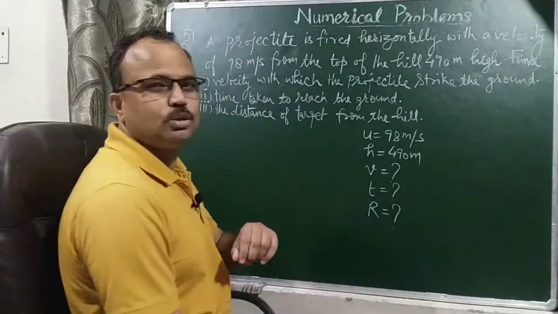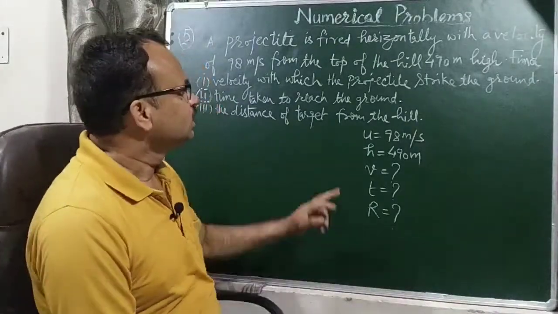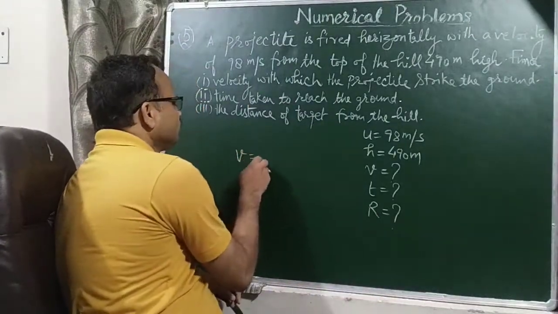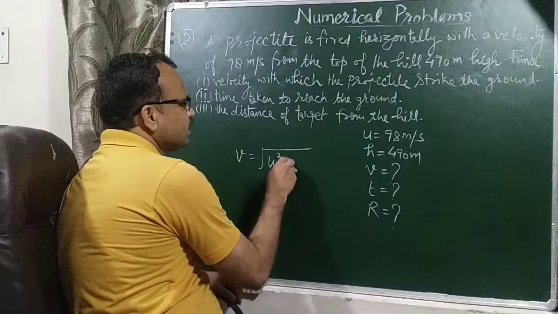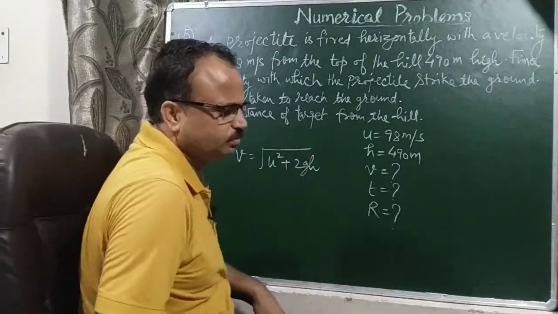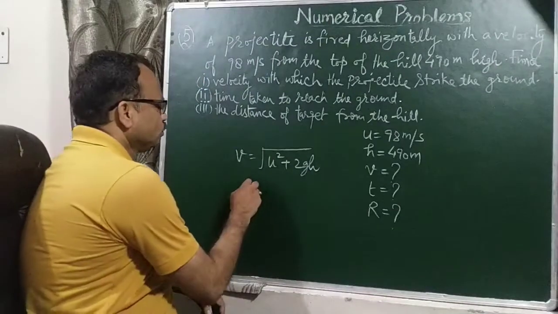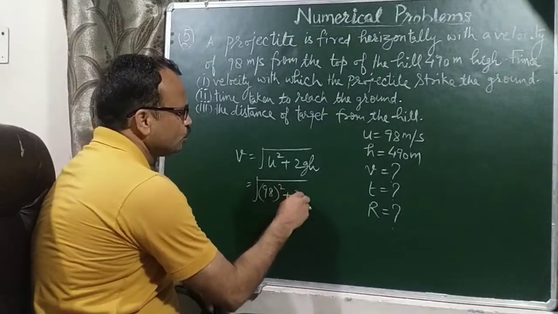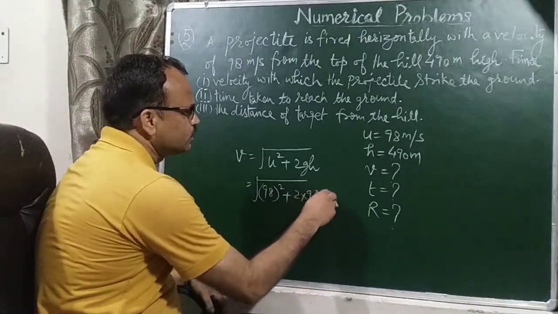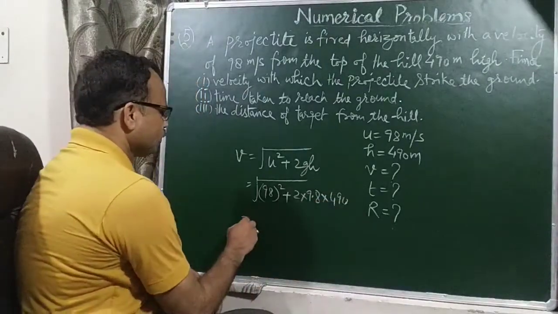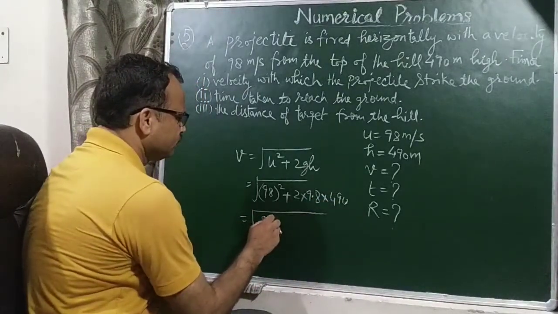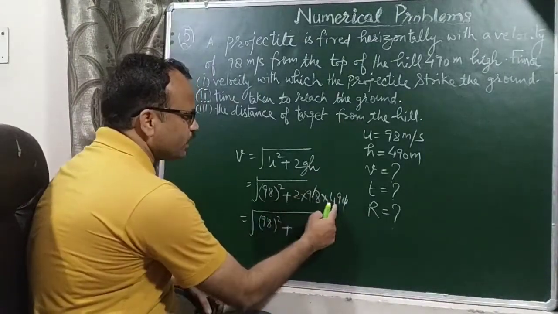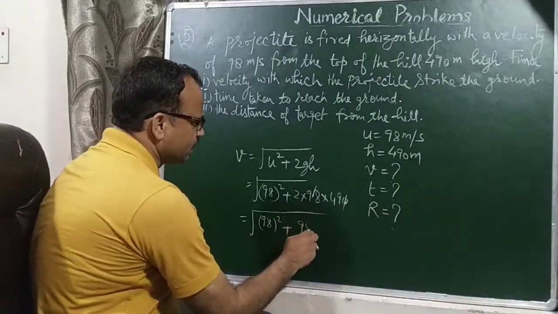Okay. So you should note one important formula. The velocity with which the projectile strikes the ground, v equal to under root u square plus twice gh. Okay. So now put the value. U square means 98 square plus 2 into 9.8 into h, 490. Okay, so 98 square plus, this 0, the point cancel, so 49 to the 98 and again 98, means 98 square.